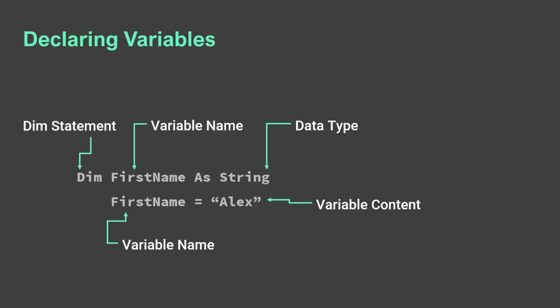And then finally, if I want to assign a value to my variable, I call the variable name again, pass through the equal sign, and then pass through the content that I want to store in that variable. This is how we would explicitly declare our variables. By explicitly, I mean we are defining the data type of our variable. We'll explain that more in detail later on.